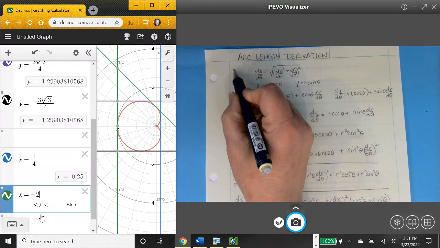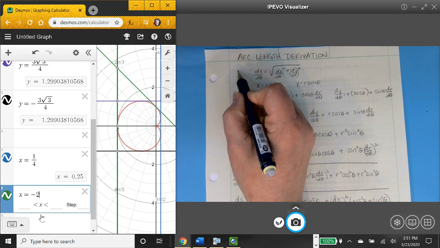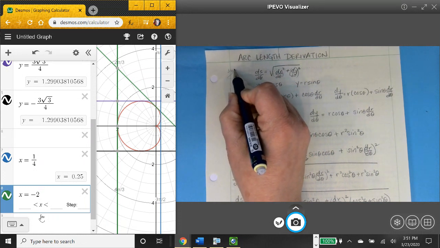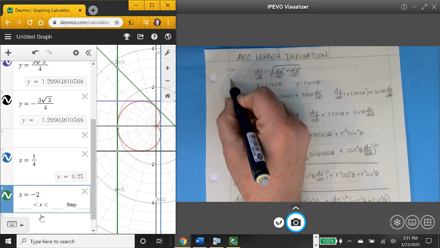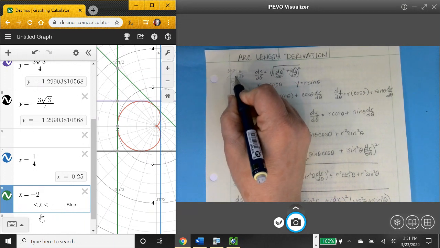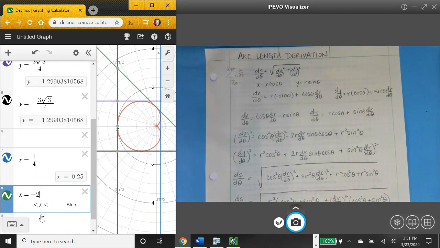A little part of the arc length, ds d theta, is equal to the square root of (dx d theta) squared plus (dy d theta) squared, because we have a right angle here. And if you get in close enough, it's locally linear, so you can use Pythagoras.